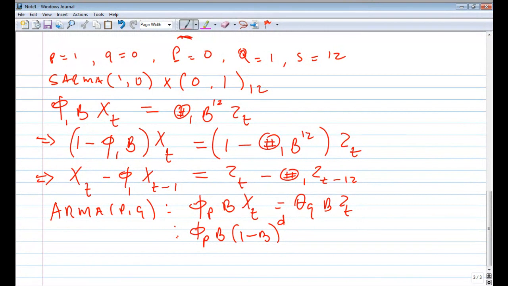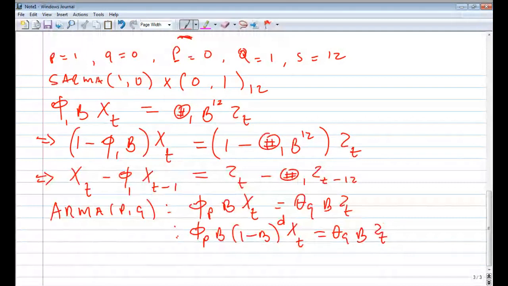The differencing is generalized as d. You difference it 1, 2, 3, up to d times. That is why I included 1 minus B to the power d. That is the differencing part. Then xt, which is equivalent to theta q B Zt.